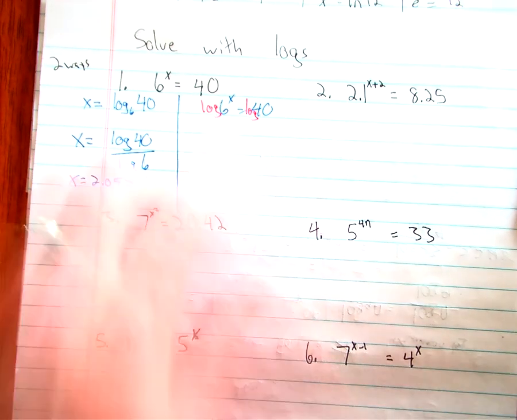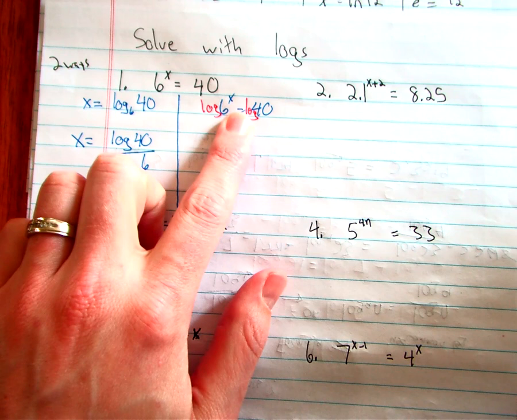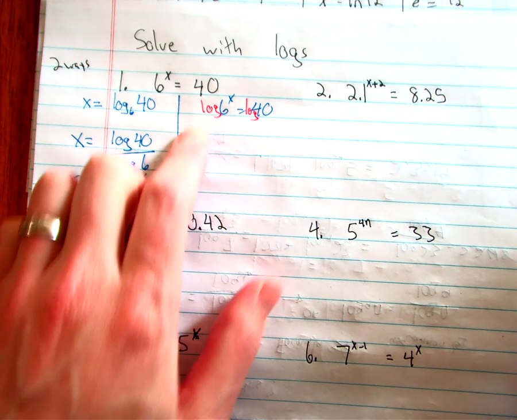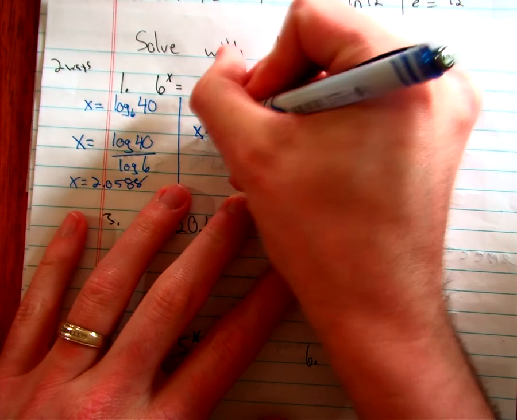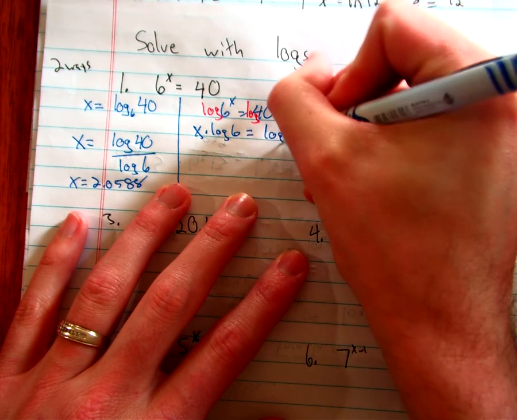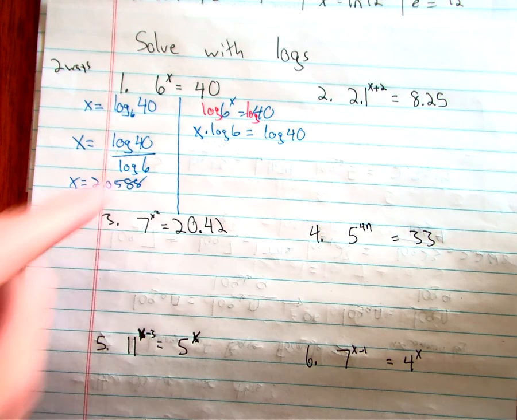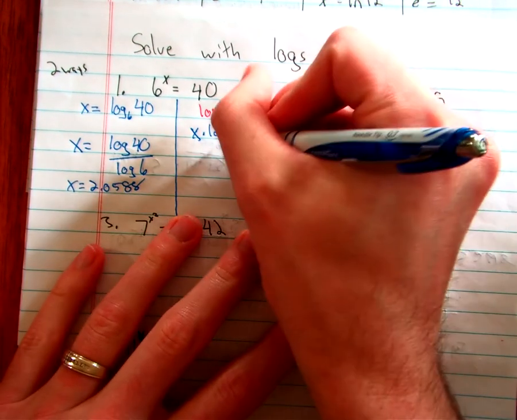And this gets a little messy in other situations, so maybe you don't want to do that. Okay, and now I can bring that x down in front. And then we would divide by log of 6, and we still end up in the same situation.